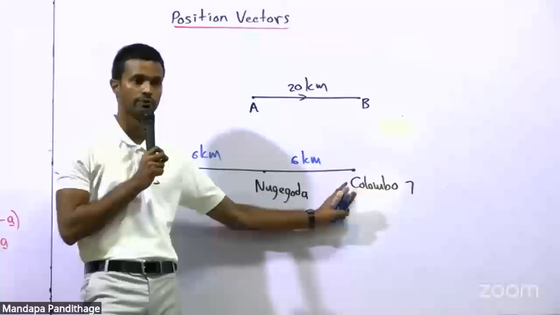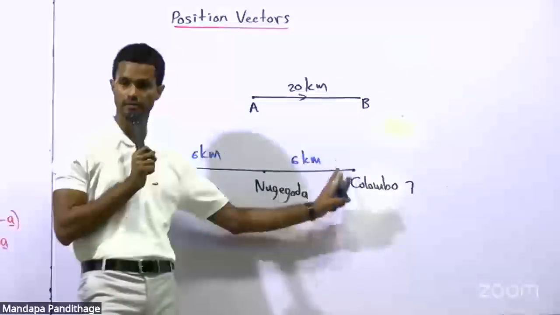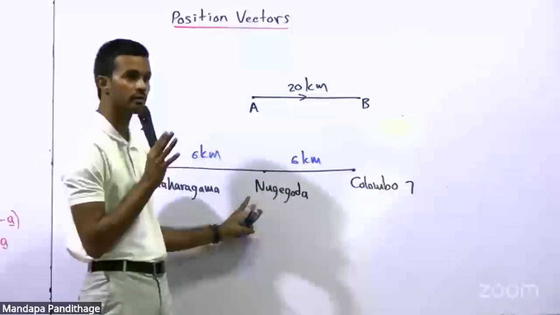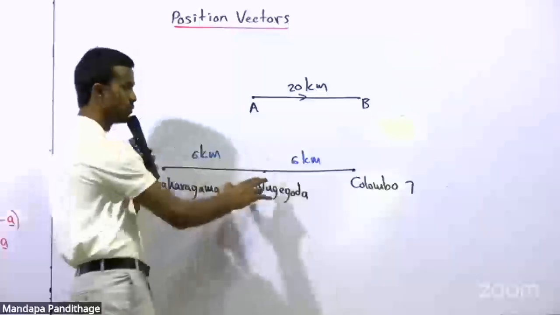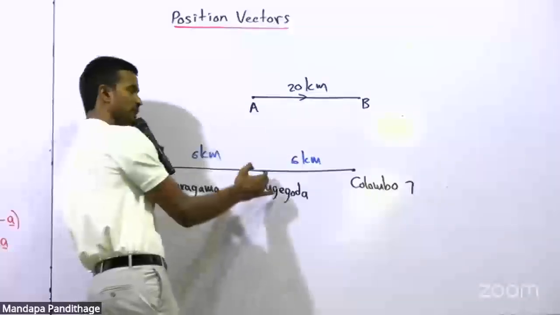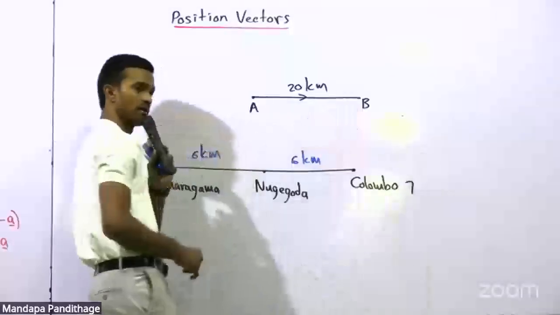the same point. No. If I say that Colombo 7 is 6 kilometers from Nugegoda, and Maharagama is located 6 kilometers from Nugegoda, you might get a feeling, okay, both the cities are 6 kilometers away from Nugegoda, which means they can be on the same point. So Colombo 7 is equal to Maharagama.